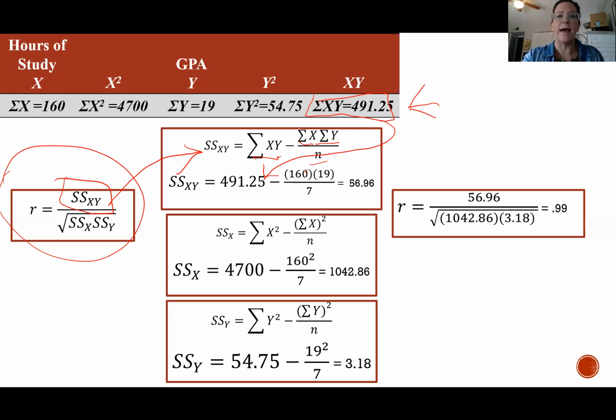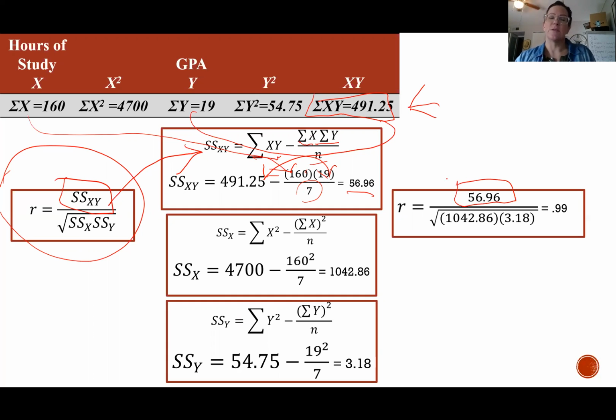Then we got the sum of X, so we just plug things in. This goes here, and then the sum of Y, this goes here, they get multiplied, and then sample size N is 7. So once you do those, you get 56.96, and that's your sums of squares X, Y, and you can plug it in right here.